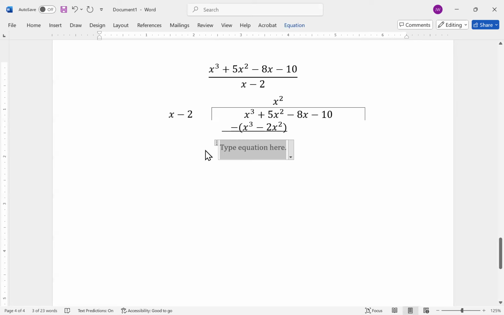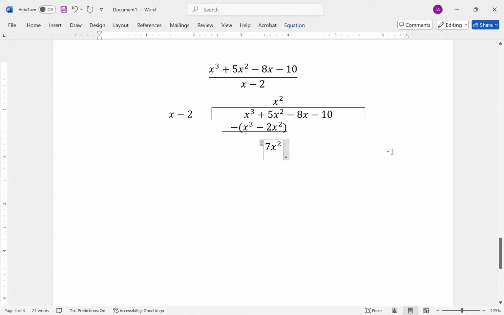All right. So once I get to that stage, I end up with a 7x squared. That's 5x squared and then plus 2x squared. Be careful about that.